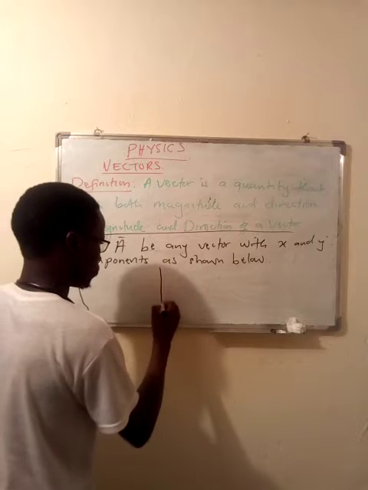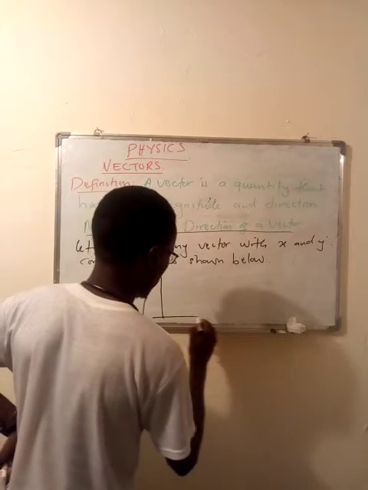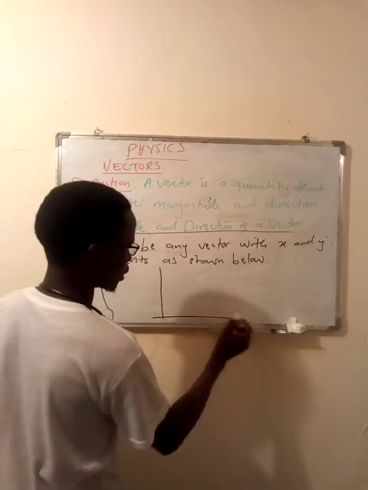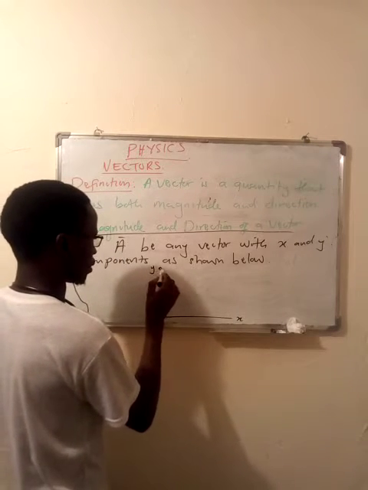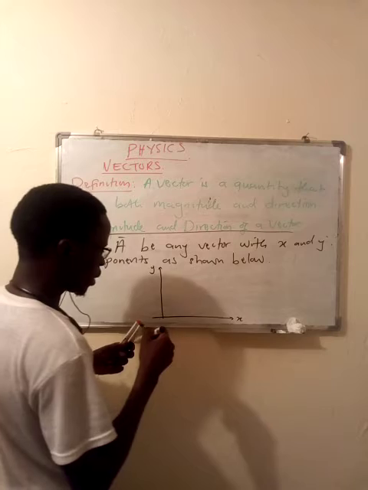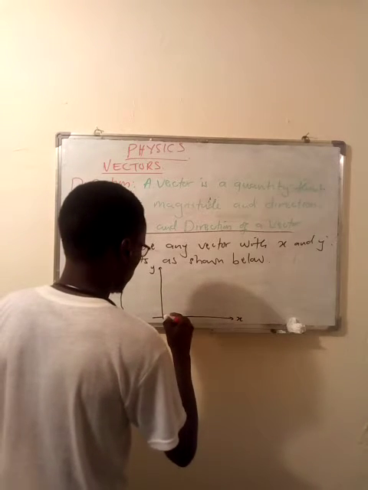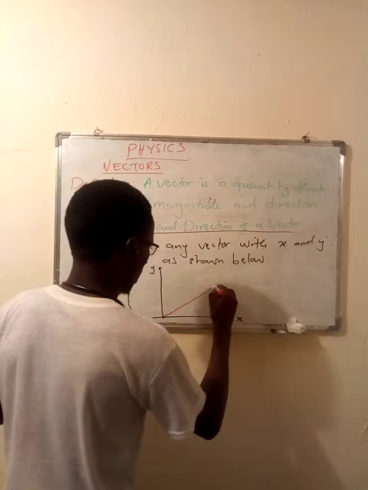We have, let's say, the xy plane like that. So this is the x-axis, that is the y-axis. All right, and then we have a vector like that.